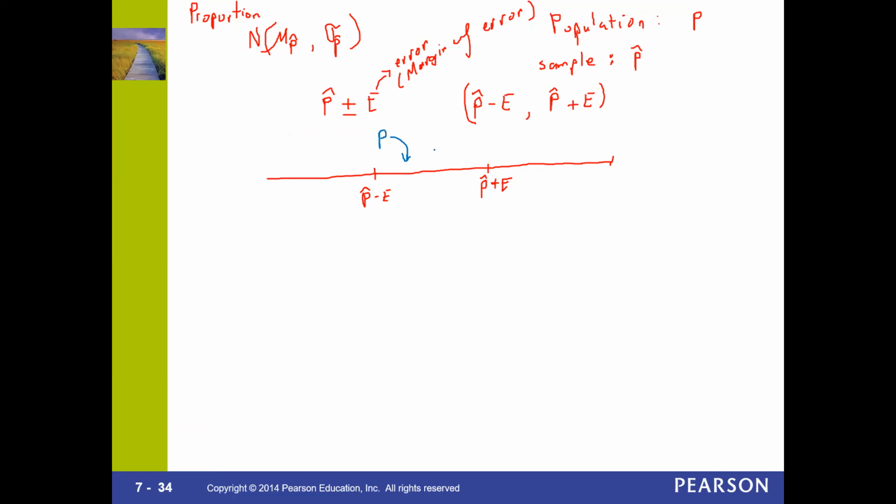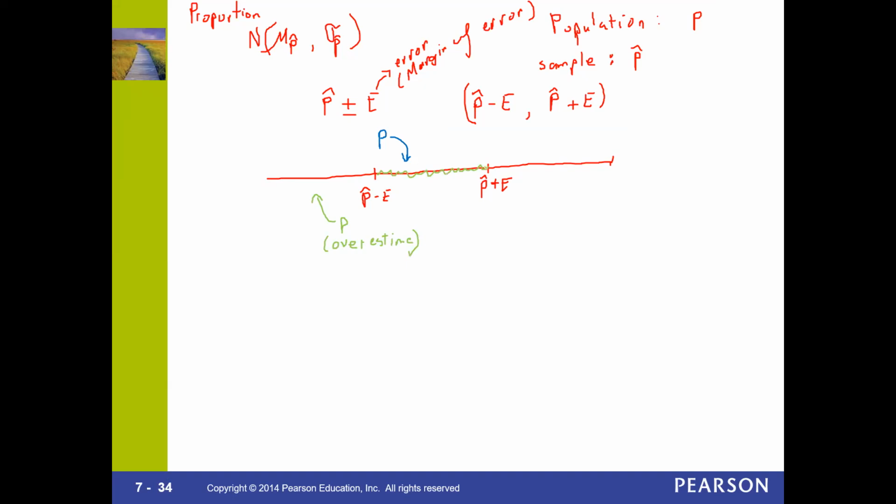Okay, then that's okay. Also, another thing that can happen is that P can fall outside. If P falls right here, then I can say that I overestimate, because my p hat is in that range right here.